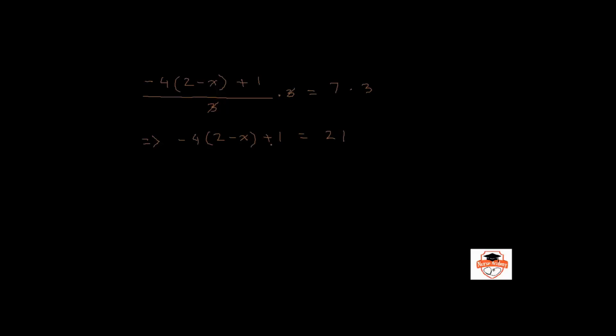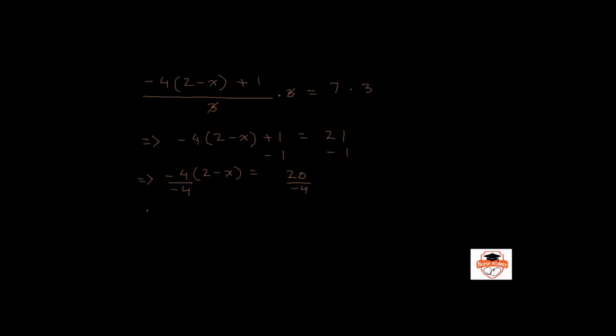Our next job is to get rid of this plus 1 by subtracting 1 from both sides. So we have negative 4 times (2 minus x) is equal to 21 minus 1 is 20. Plus 1 minus 1 will give you 0.